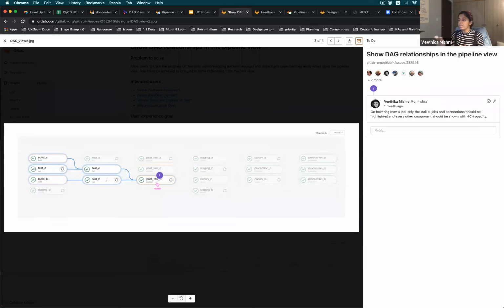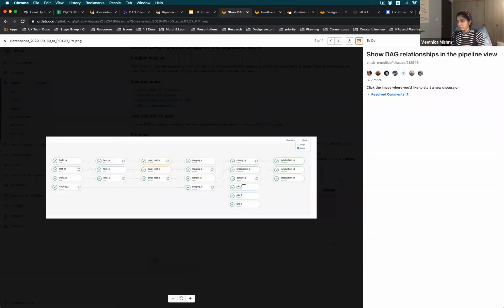Everything else would appear with a subdued visual treatment in 40% opacity on that canvas. Then there was another use case: what would happen to the jobs which don't depend on anything?